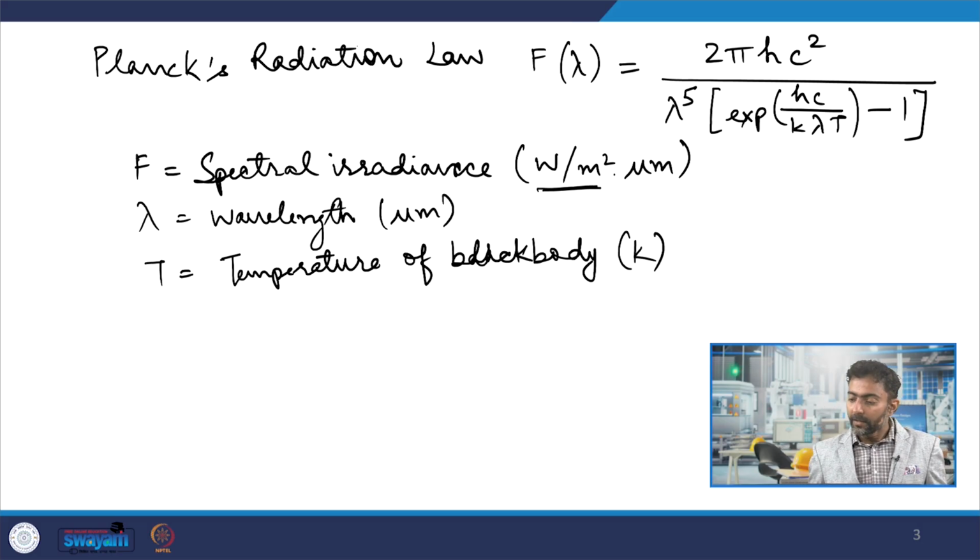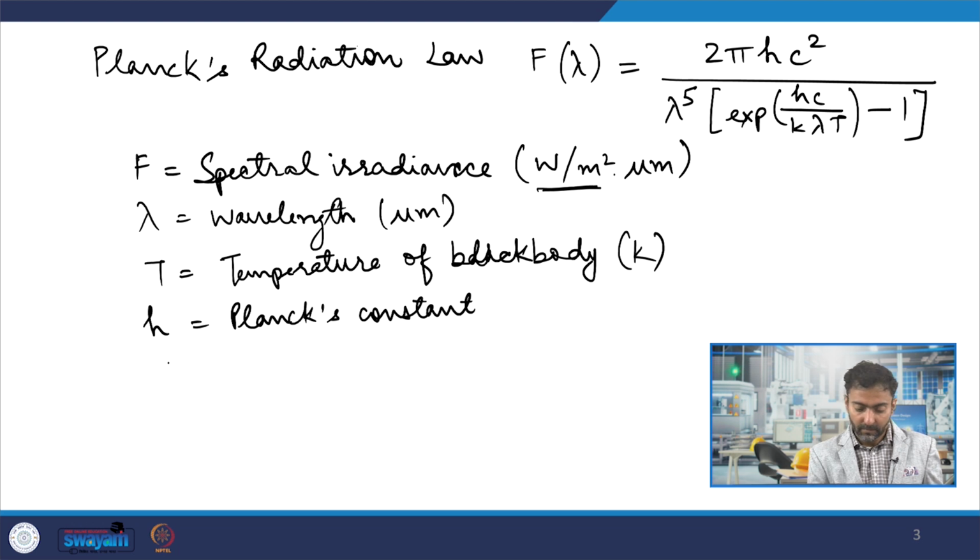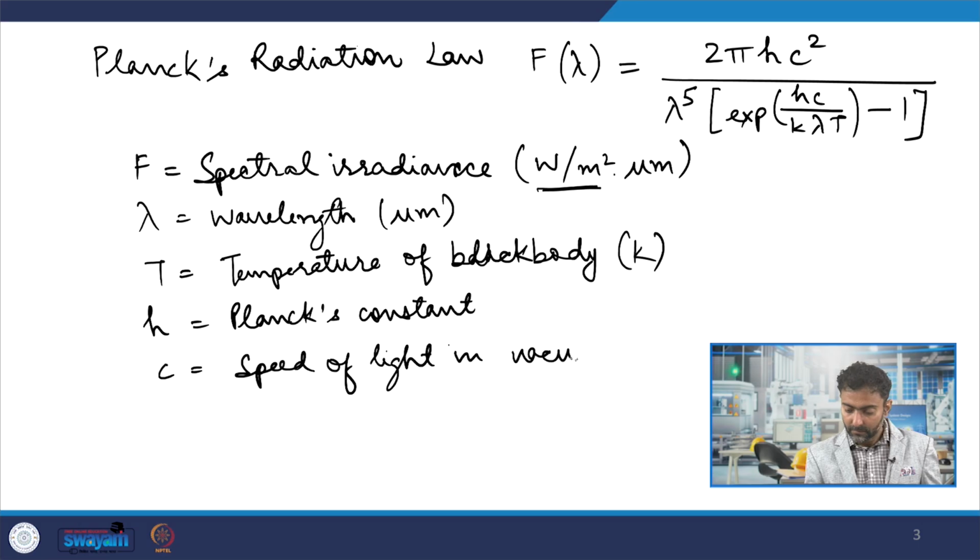And the other three entities in this particular equation: h is Planck's constant, c is the speed of light in vacuum, and k is the Boltzmann constant.